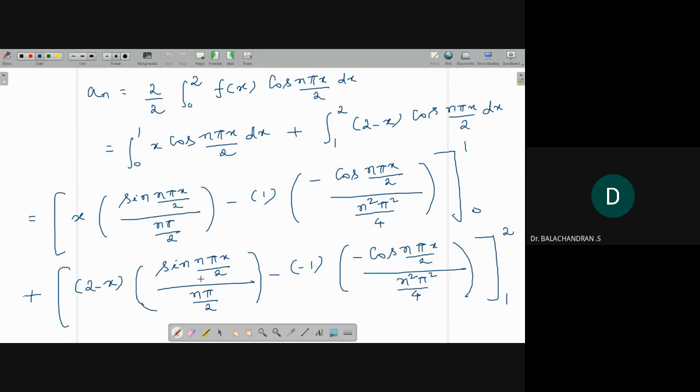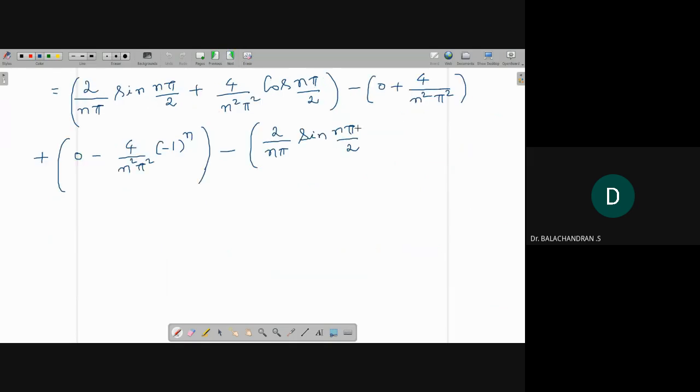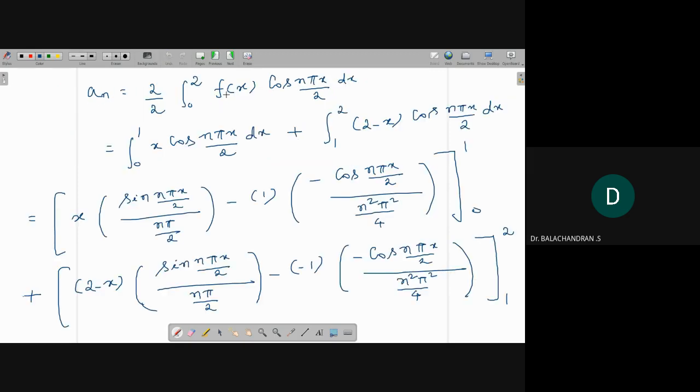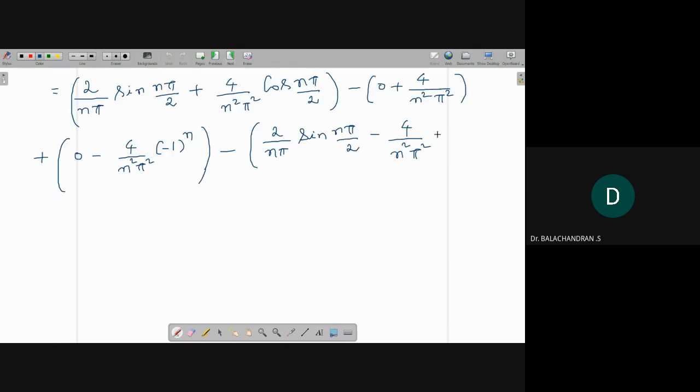So here it is over. Next minus minus minus, so minus 4 by n square pi square, minus 4 by n square pi square. And when x is equal to 1, cos n pi by 2. So close the bracket. Now you can see, you can cancel these two terms. And then you can add these two.